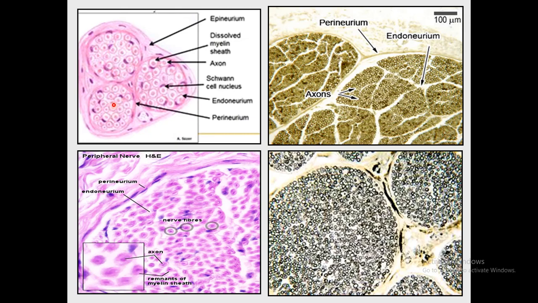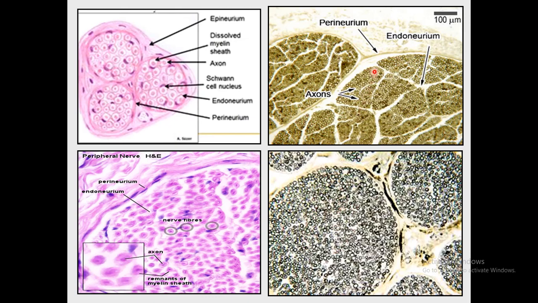As we said, in H and E stain, in both sections, usually the axon is in the middle, and the white area which surrounds the axon represents the myelin sheath, which dissolved during the preparation. For that, we use this osmium fixation to stain the myelin sheath. So those are axons within a peripheral nerve, and those are multiple axons or several axons within this peripheral nerve.